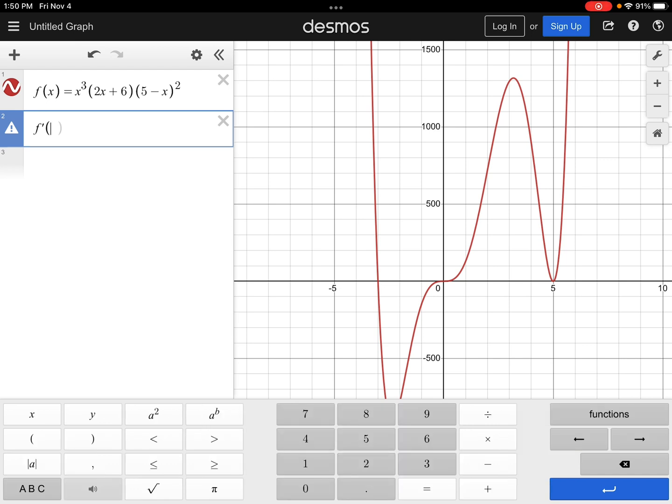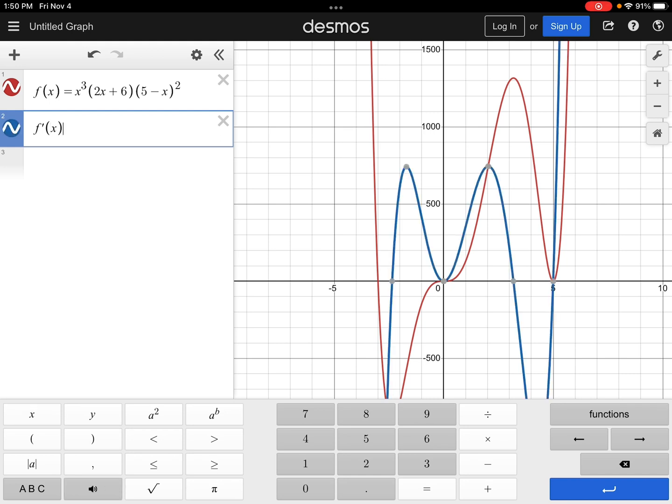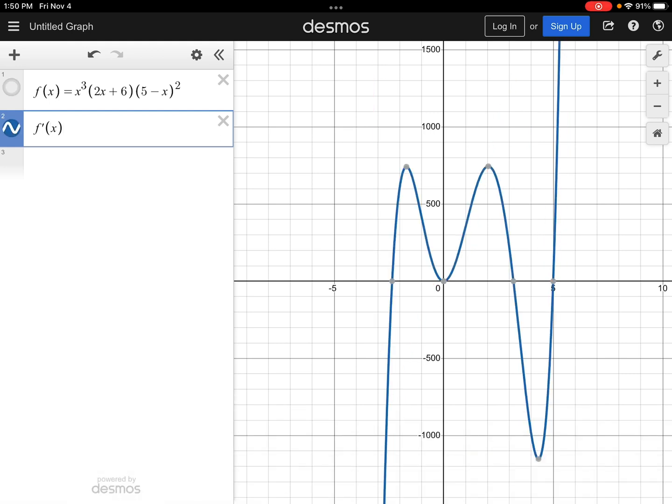If we type in our prime notation and I say f prime of x, now I have my second derivative graph shown here. And if I go towards -3, I'll notice that my graph is negative there. So my function of h must be concave down there. Since it's concave down and I have a critical value at -3, it must be a maximum.